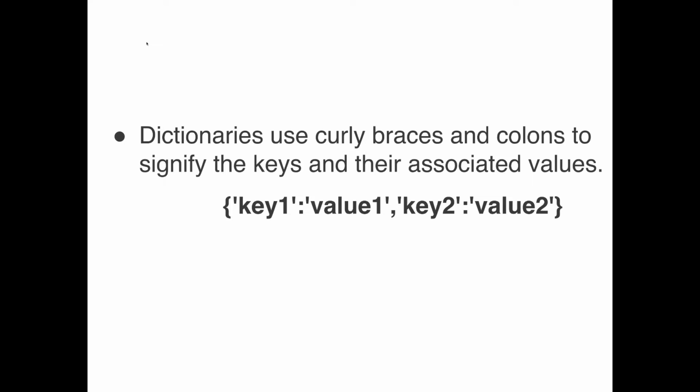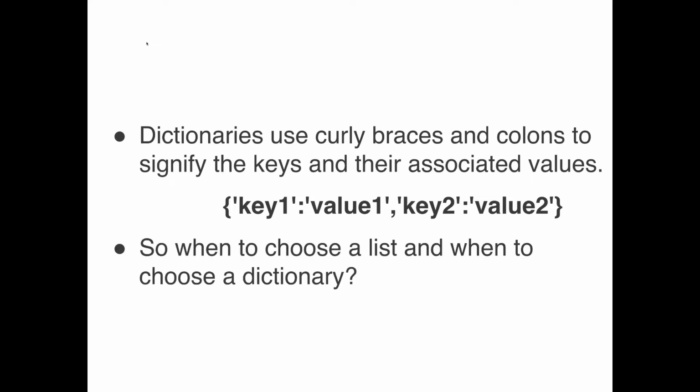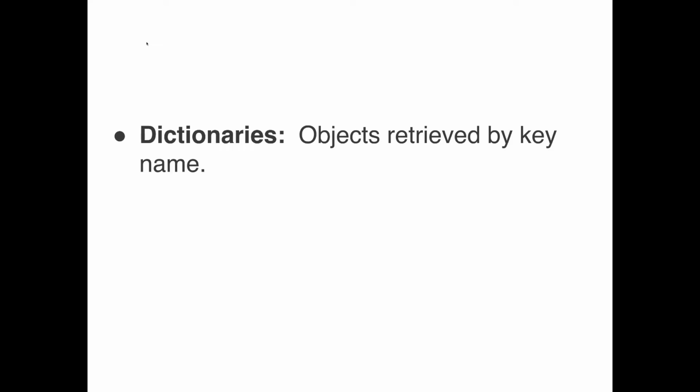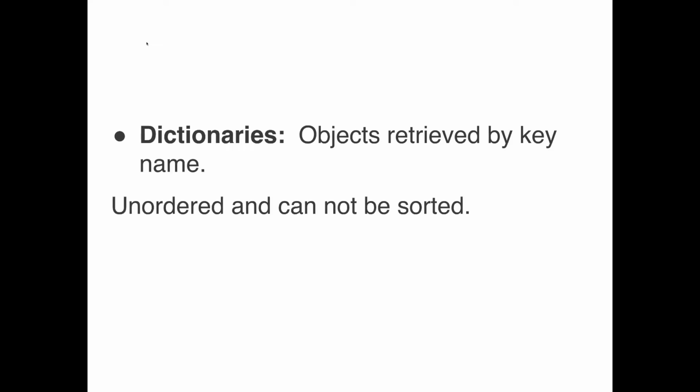I know that some will ask, what's the point of using dictionaries if we have lists already? So the question is when to choose a list and when to choose a dictionary. For dictionaries, objects are retrieved by key name; they are unordered and cannot be sorted. So if you don't need sequence and you just want to call objects based on their names, it is easier to use dictionaries.